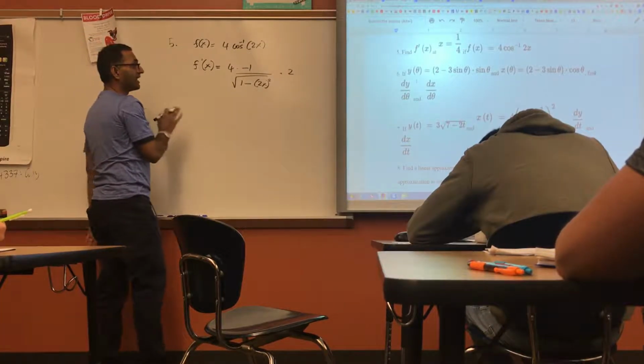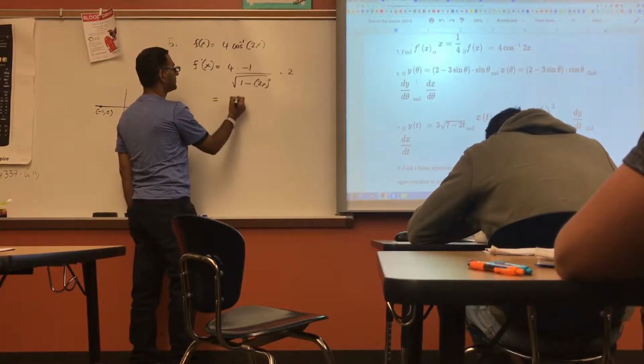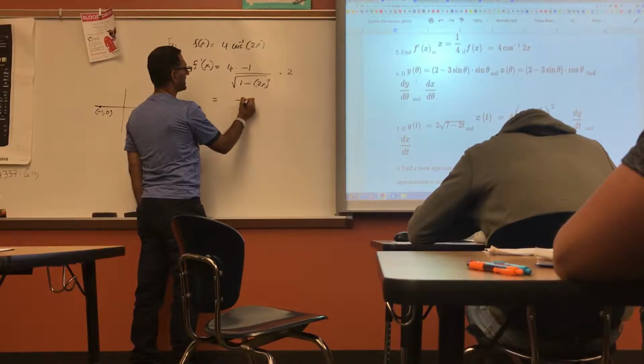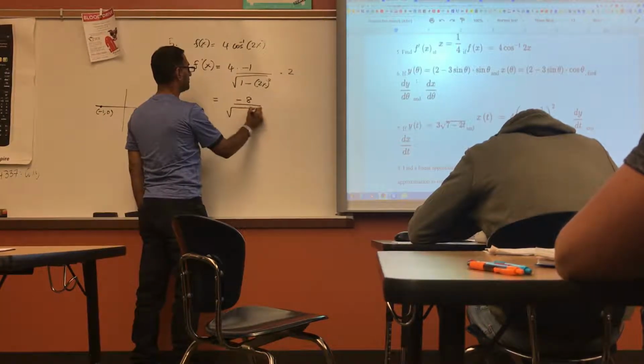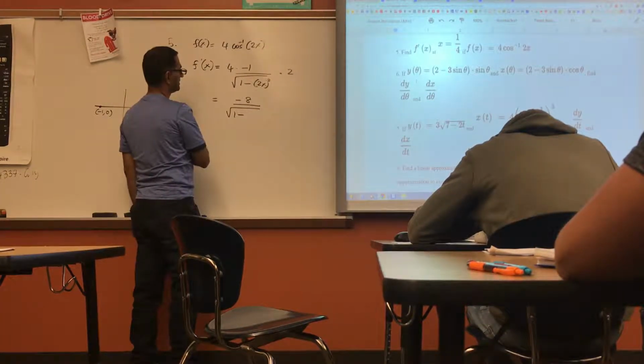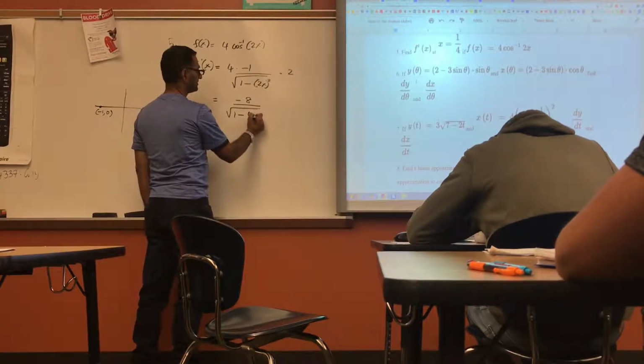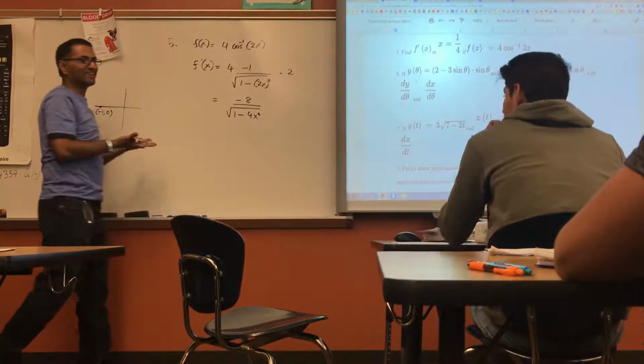Okay, I'm going to rewrite it. Rewriting is your friend. What's your numerator really? Negative 8 over radical 1 minus 4x squared. Okay, I'm not doing clever algebra.